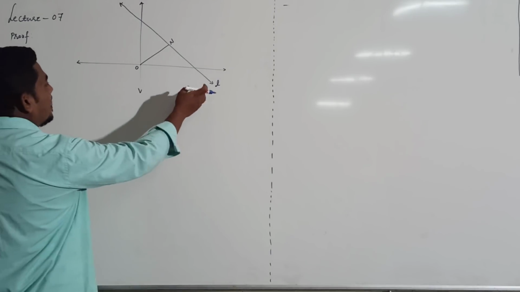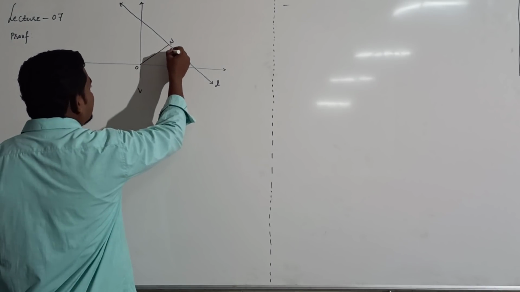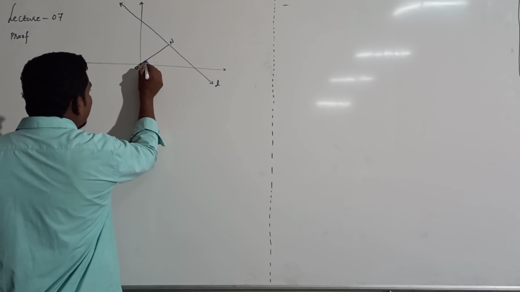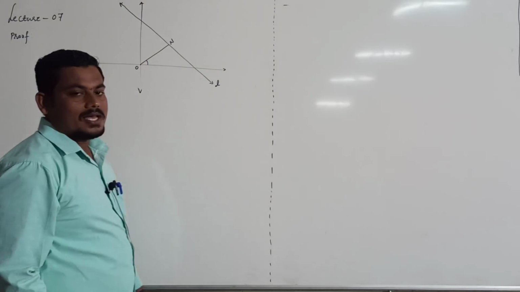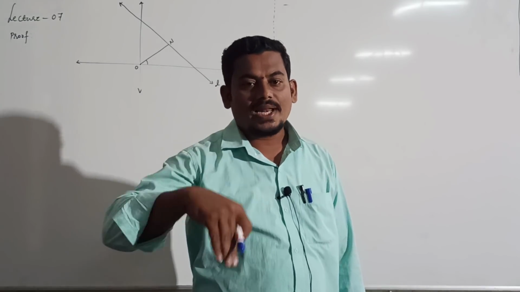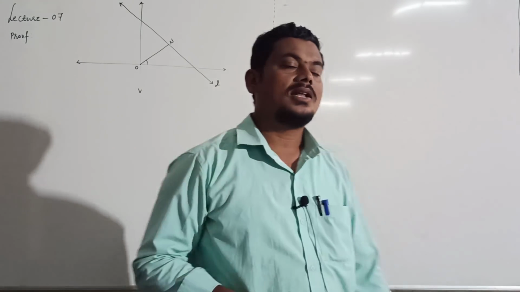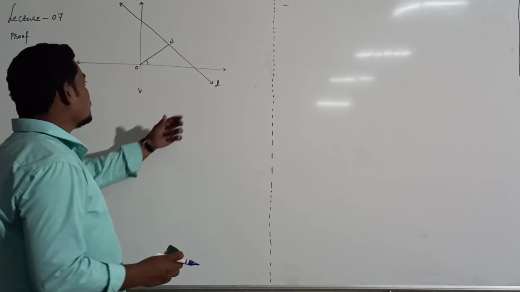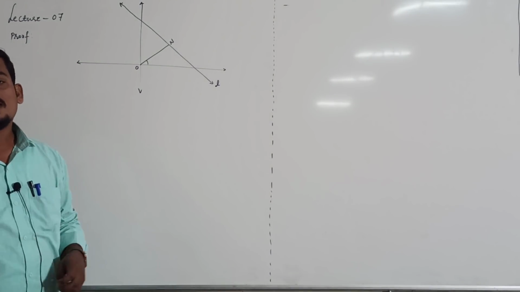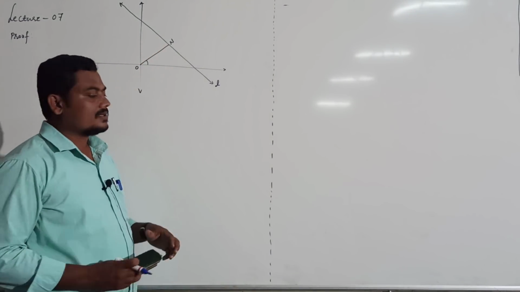ON is perpendicular to L, means this angle is clearly 90 degrees. What is a normal line? Normal line means perpendicular line. Sometimes they use the word normal. Normal means perpendicular.